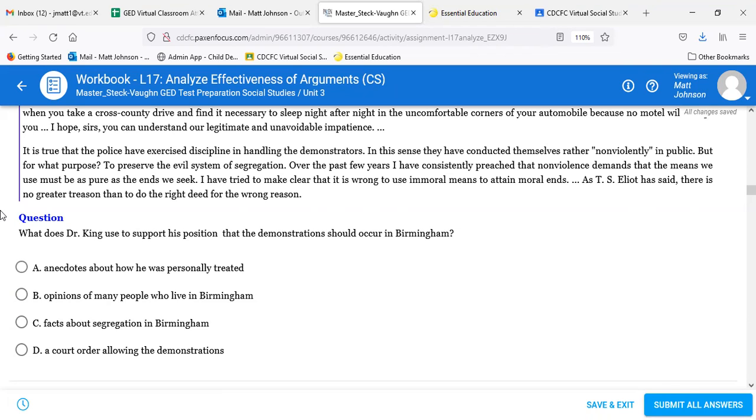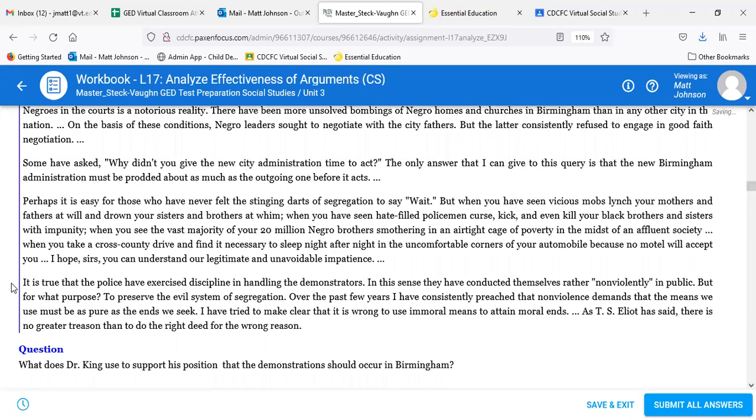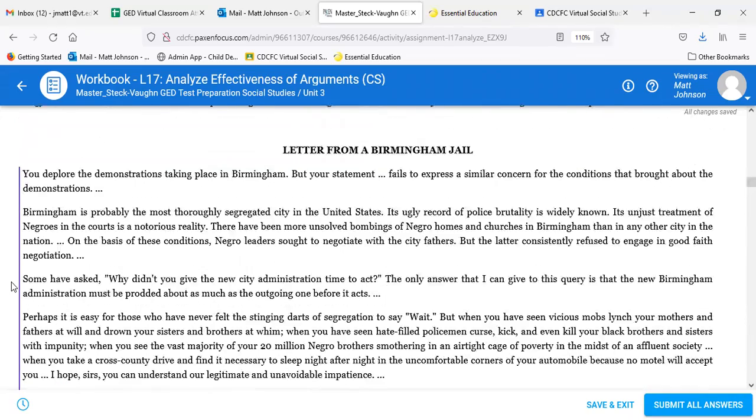A, anecdotes about how he was personally treated. B, opinions of many people who live in Birmingham. C, facts about segregation in Birmingham. Or D, a court order allowing the demonstrations. C. Yeah, facts about segregation in Birmingham, right? How that has led to the treatment of African Americans at that time.